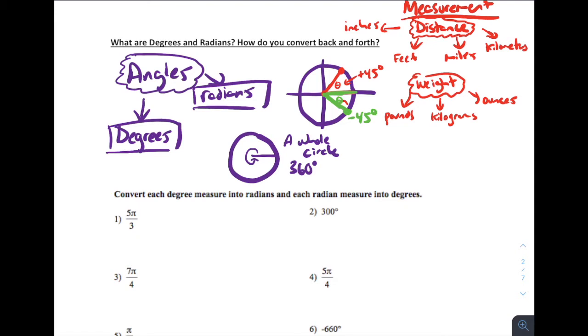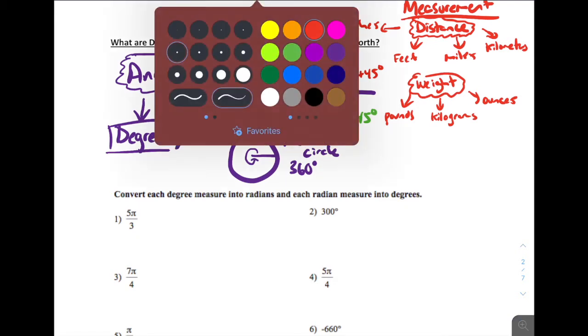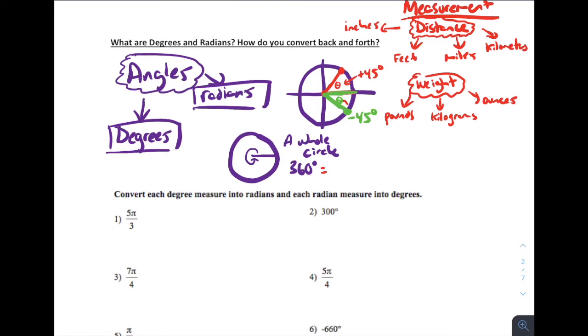In terms of radians, we call that distance around the circle 2 pi radians. It is 2 pi radians. So the same thing, if we were going to measure that angle going all the way around, back to complete the whole circle, we would call that 2 pi radians.